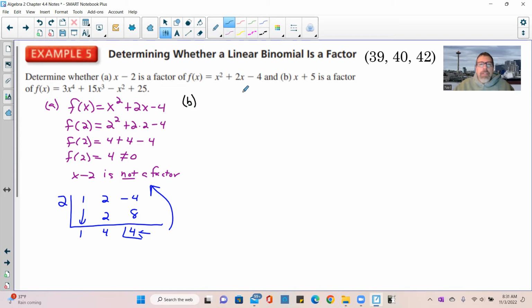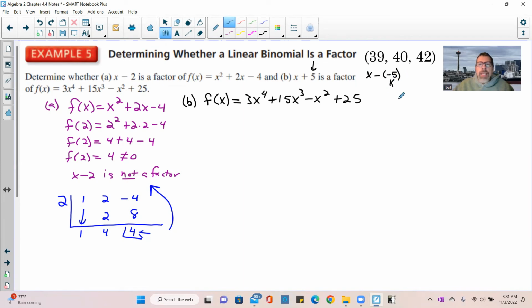B says, is x plus 5 a factor of this? So the first thing I'm going to do is write f of x equals 3x to the 4th plus 15x cubed minus x squared plus 25. Now I can do direct substitution here, but in this case, x plus 5, that would mean x minus a negative 5 gives me x plus 5.